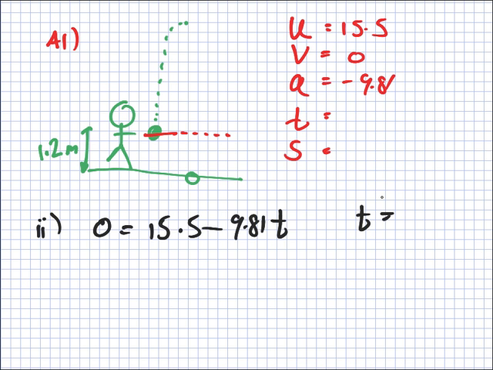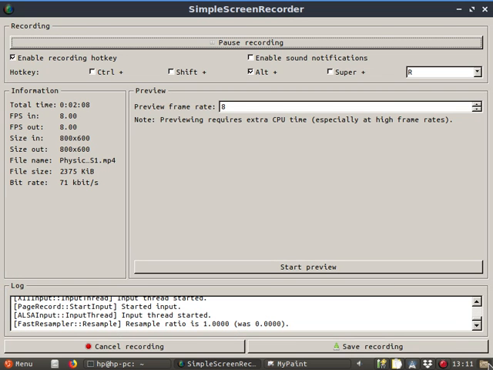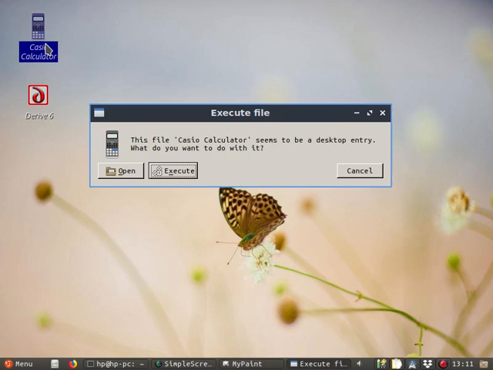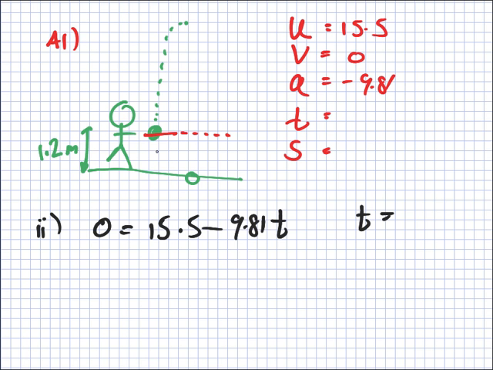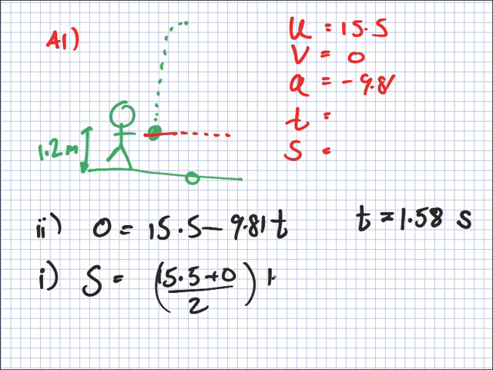Could someone type that in, please? I'll open my calculator too. 1.58 seconds. And then part 1 is the S, which I'll say, do you know what I'll use? I'll say U plus V over 2 times T. So you still have the answer on your calculator, don't you?